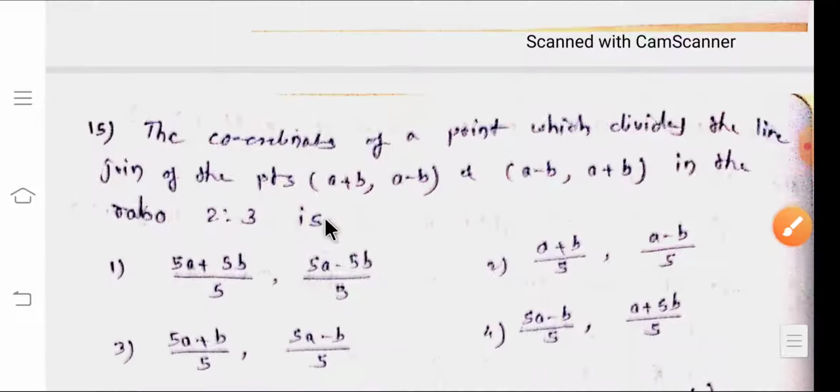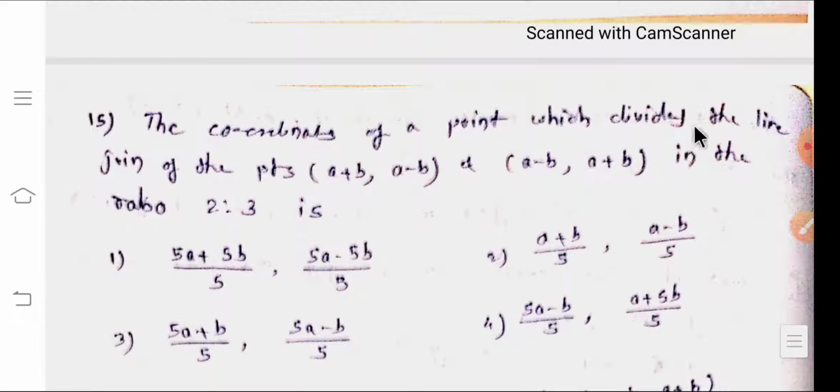Okay, next example is, the coordinates of a point which divides the line joining the points (a + b, a - b) and (a - b, a + b) in the ratio 2:3 is. Options are (5a + 5b)/5, (5a - 5b)/5; (a + b)/5, (a - b)/5; (5a + b)/5, (5a - b)/5; and the fourth option is (5a - b)/5, (a + 5b)/5.